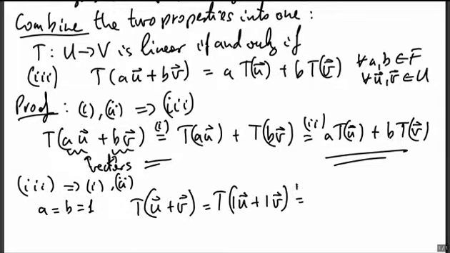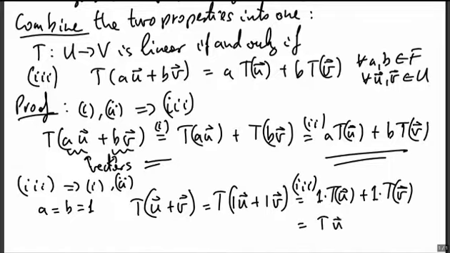And then I can apply 3 to get 1 times T of u plus 1 times T of v. And of course the scalar multiplication by 1 doesn't change the vector, so I'm left with T of u plus T of v.